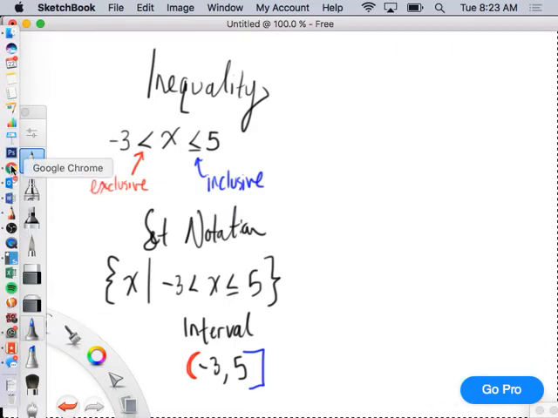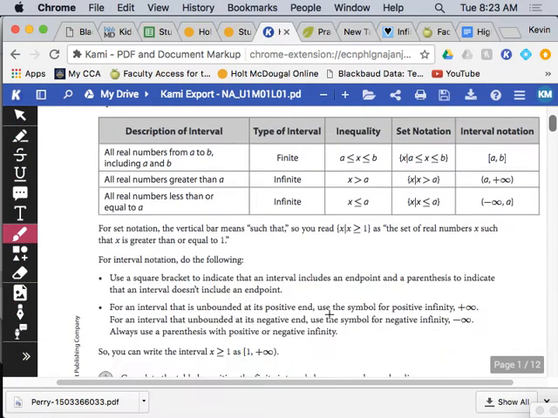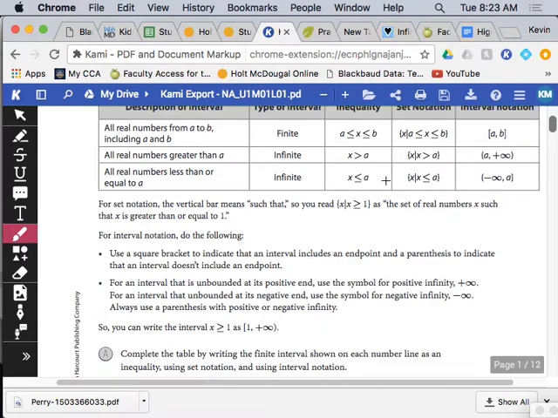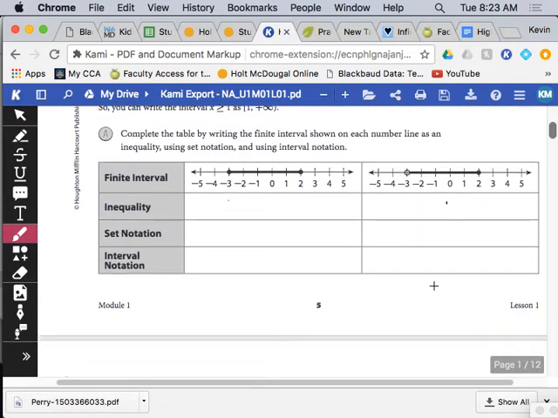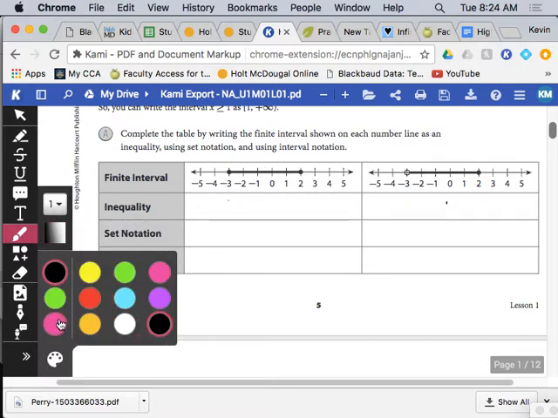Now moving forward, we can start our lesson. You can see in your book it has a more symbolic understanding of all those notations. So we go forward to the bottom of page 5, and we start working on some examples. You see both of these, the one on the left and the right, are both finite intervals.